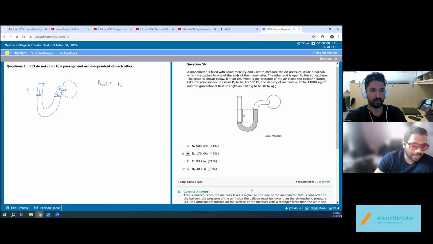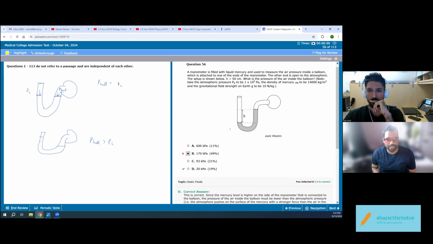Now, if the pressure of the balloon was larger than the pressure on the left, what do you think would happen with the levels of the mercury here? This side would increase, the mercury would go higher. Yep, exactly. Good. Now, in this question, the left side is lower, right?